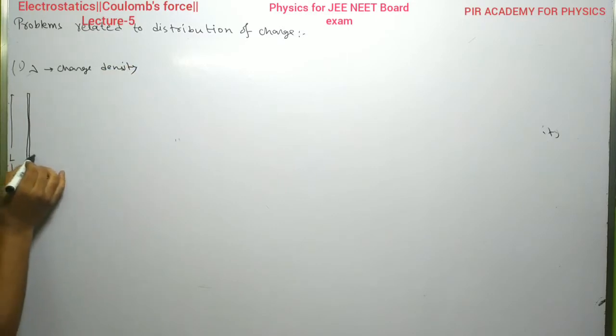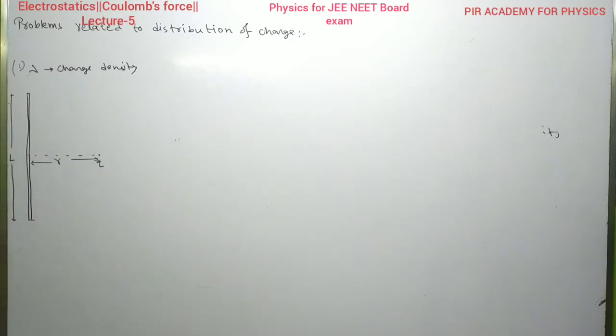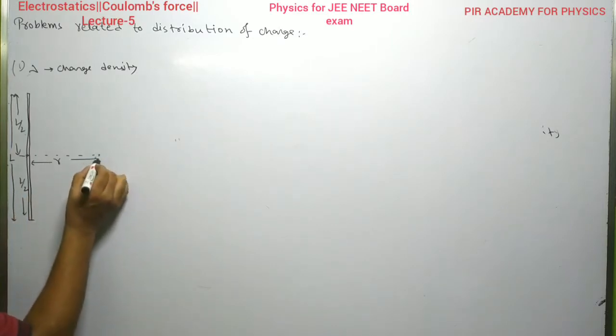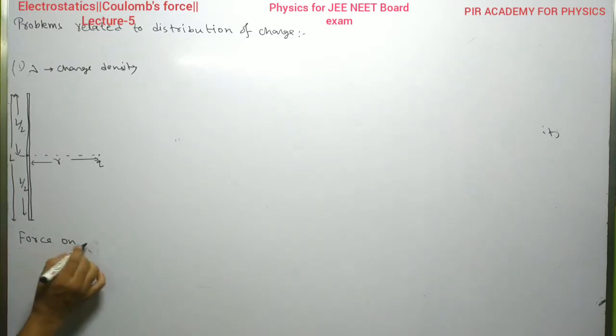If I place another charge Q at a perpendicular distance R from the middle point of this wire, so this will be L by 2 and here will be L by 2, you have to find out the force on Q due to this wire.